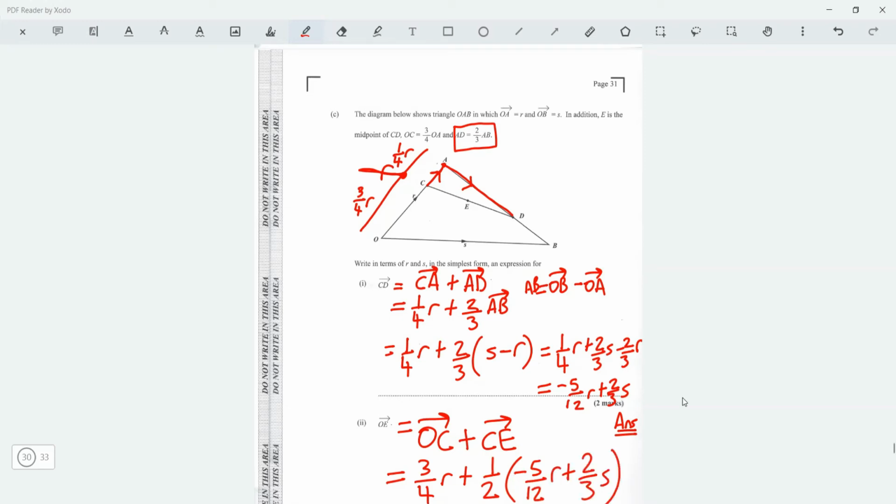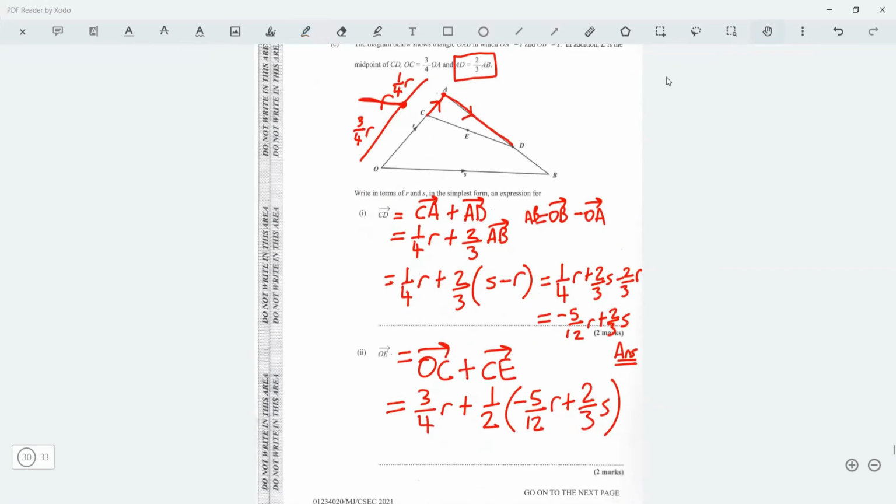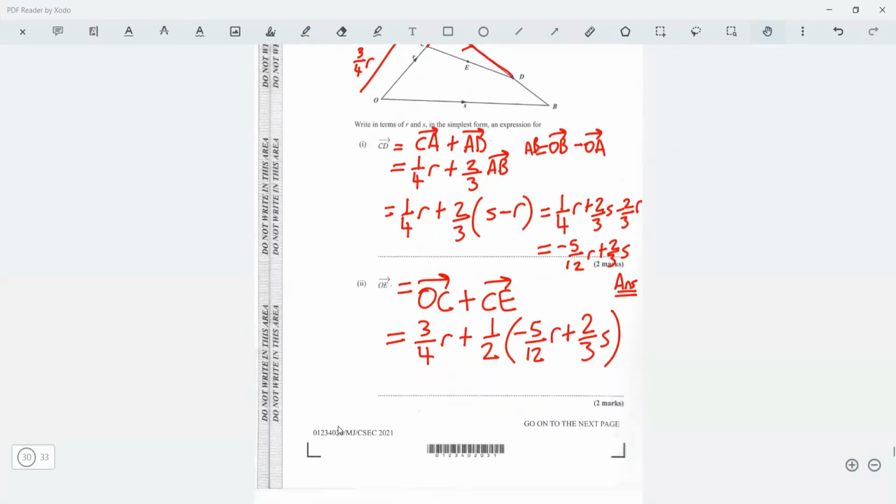Then all we need to do now is simplify. This is going to be 3/4 R. A half times minus 5/12, that is minus 5/24 R. Then half times 2/3, this 2 cancels this 2, that becomes plus 1/3 times S. So finally, 3/4 minus 5/24.